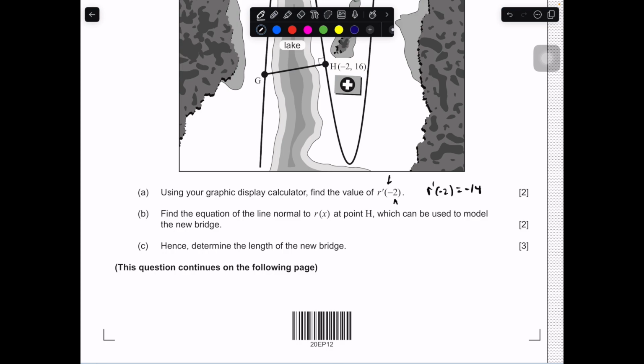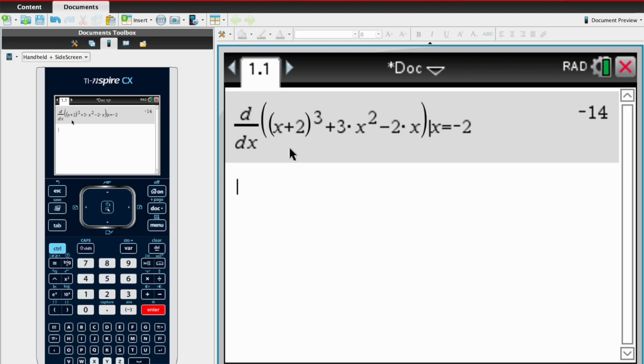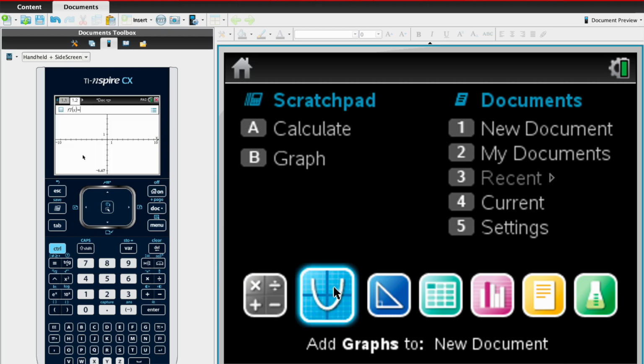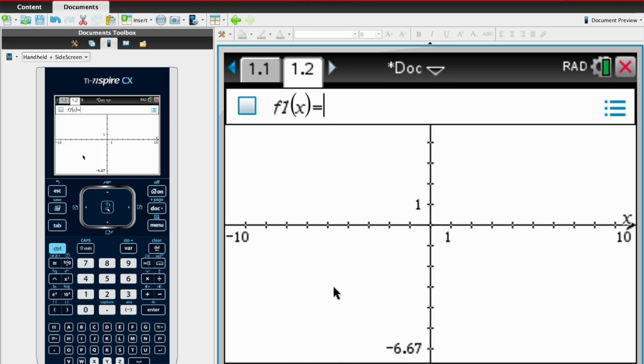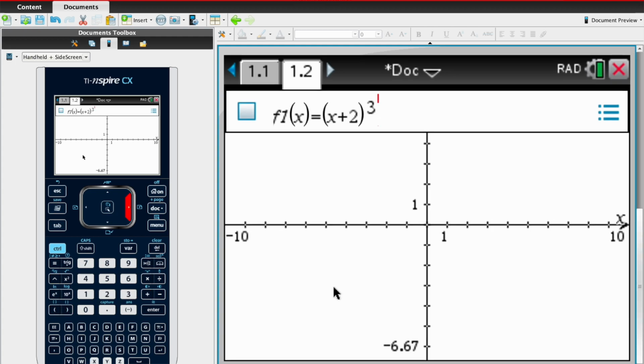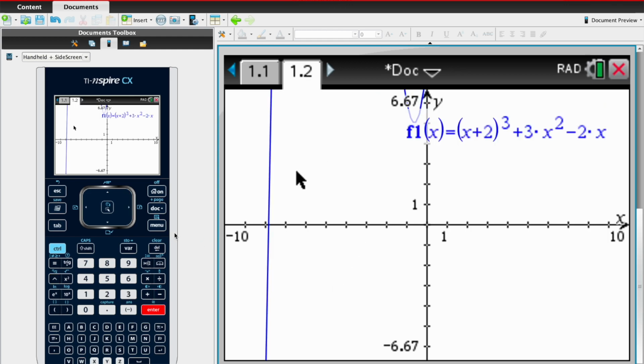I'll show you the other way because sometimes it's actually helpful to do it this way as well. If you go on your calculator and put in the function as well, (x plus 2) cubed plus 3x squared minus 2x. Here's our function. I'm going to zoom out just a little.